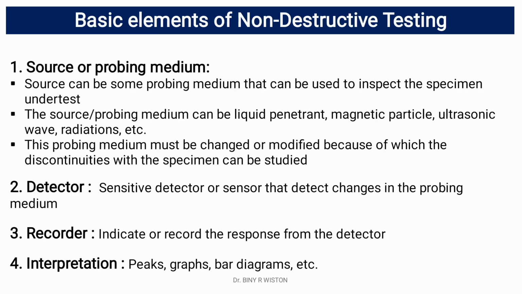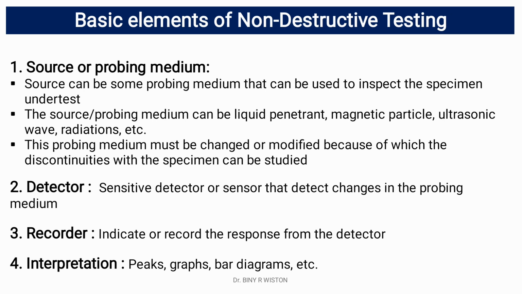The four basic elements of any non-destructive testing are as follows. First is the source or probing medium. Then we have a detector, then we have a recorder, then we do interpretation. First, source or probing medium.